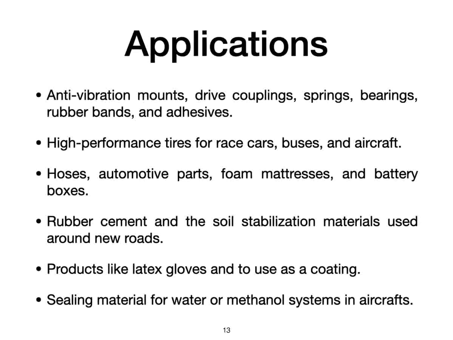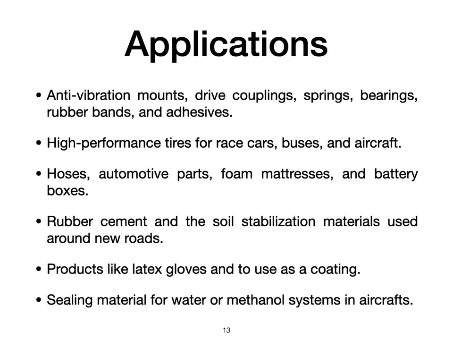Natural rubber is used in applications requiring a high level of wear and heat resistance. Thanks to its strength and compressibility, natural rubber is used in engineering applications like anti-vibration mountings, drive couplings, springs, bearings, rubber bands, and adhesives.